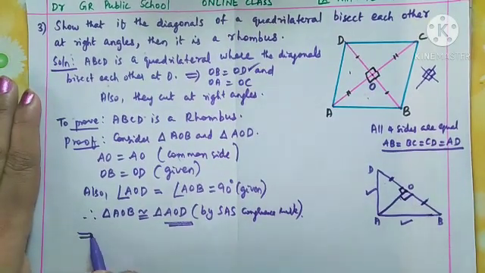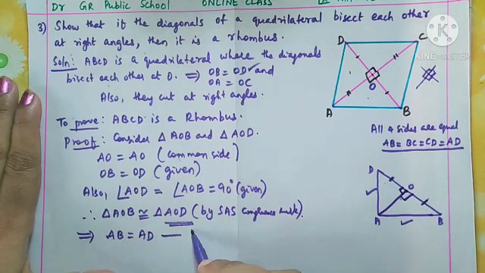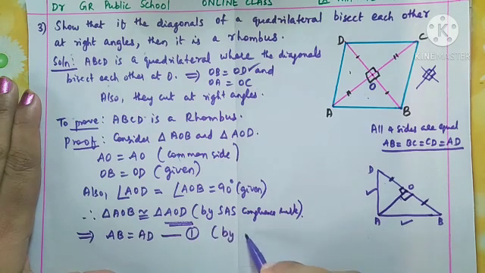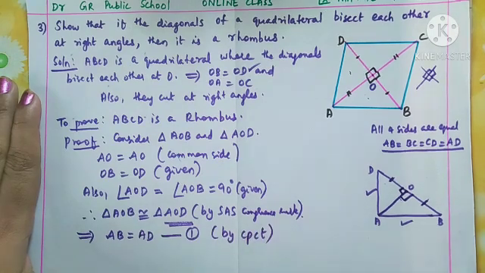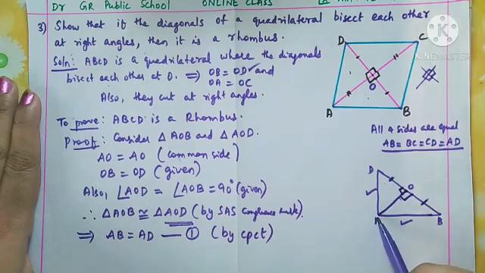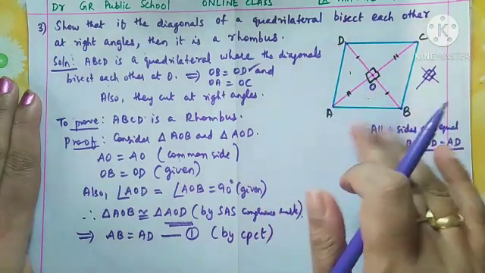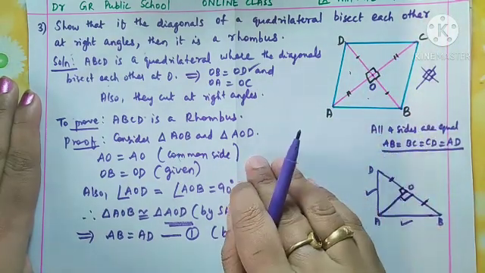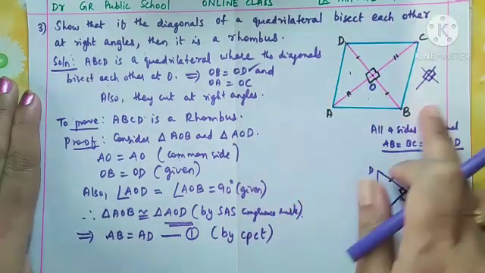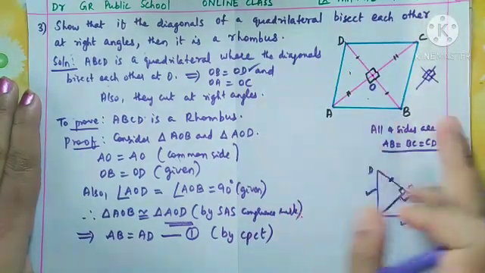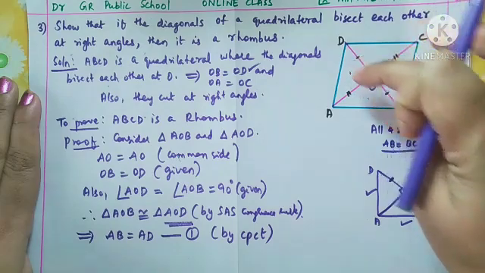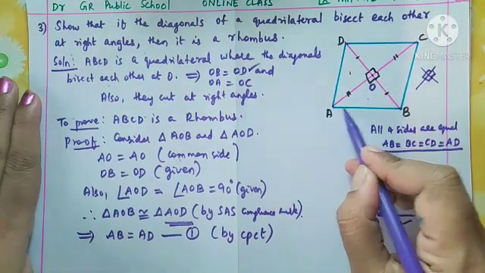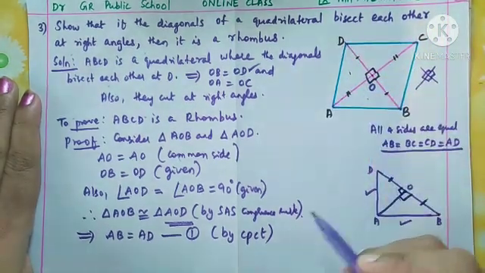So that implies AB is equal to AD. You can take this as first result by CP/CT. Why we are taking AB equal to AD? Because we want to prove this is a rhombus. So to prove this is a rhombus, we want all the sides are equal to each other. Okay, so first we took these two triangles and now we got AB and AD are equal.